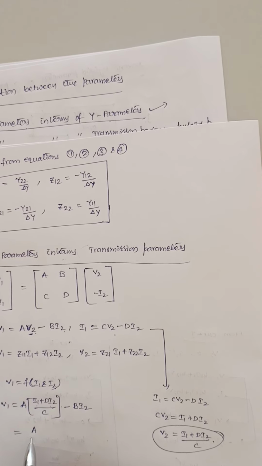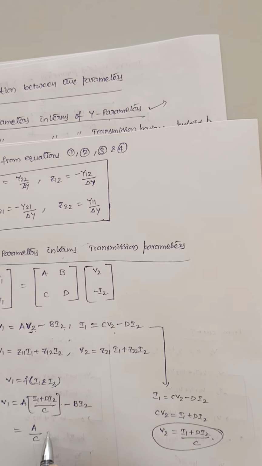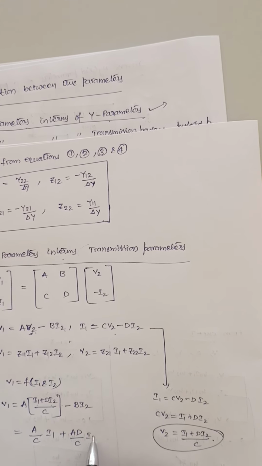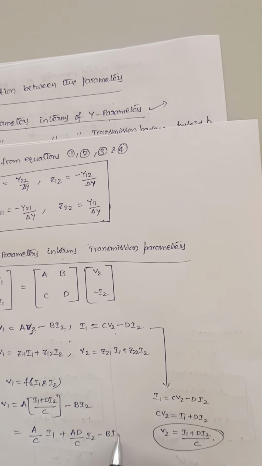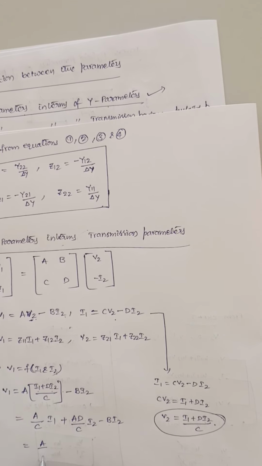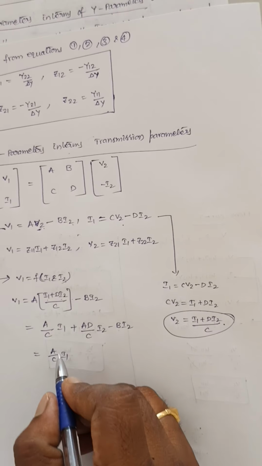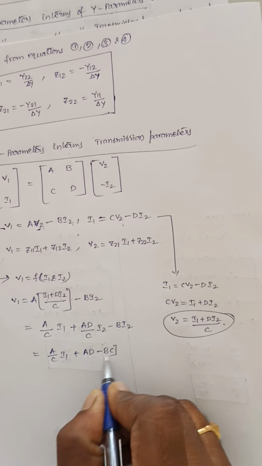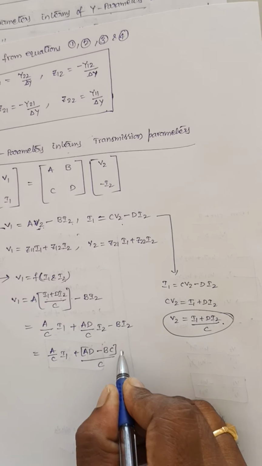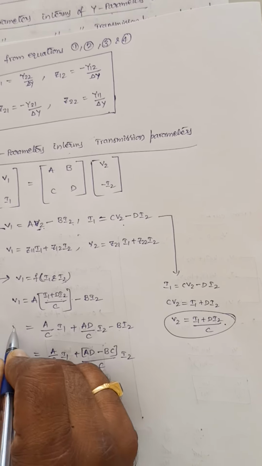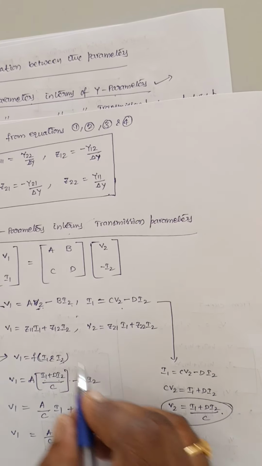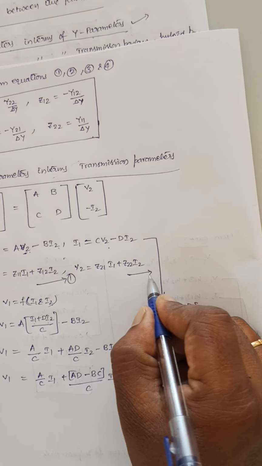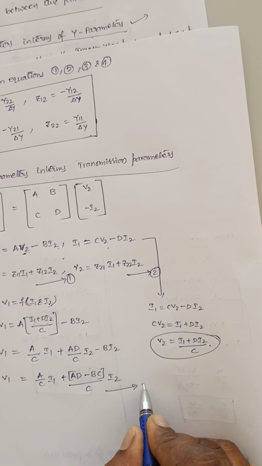Now it is A divided by C into I1 plus AD by C into I2 minus B into I2. Now you see it is A by C into I1 plus AD minus BC divided by C into I2. So it is V1. So let us assume this equation is number 1. Okay, this is equation number 2. This is equation number 3.